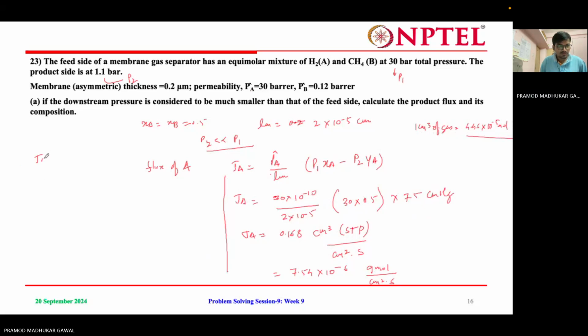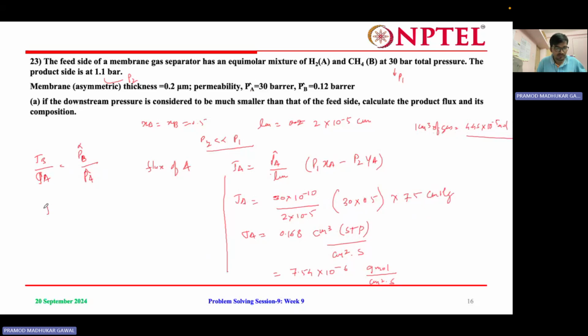Now JB divided by JA, the flux of B divided by the flux of A, equals permeability of B divided by permeability of A. We have to calculate JB. PB and PA are given, and JA was recently calculated.